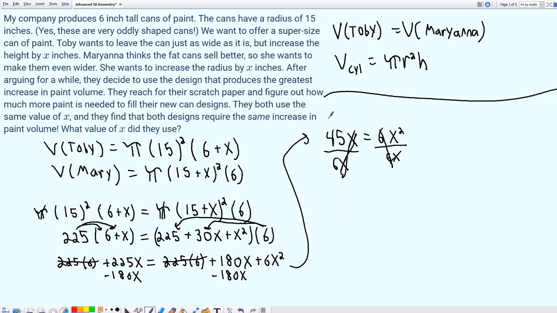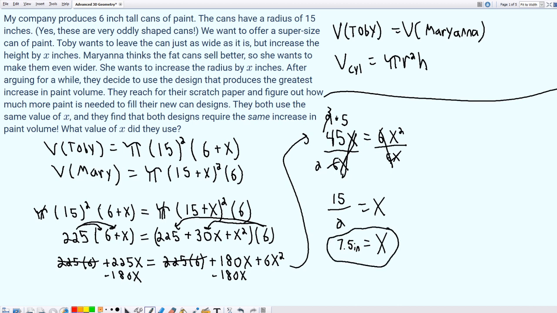Well, 45 is 9 times 5, and 9 over 6 would reduce to 3/2. So 3 times 5 is 15. We still have the 2 in the denominator, equals x, which means that x is going to be 7.5 inches. And that's our answer.